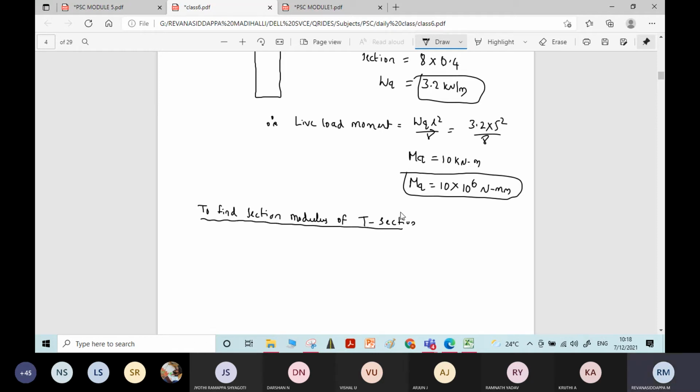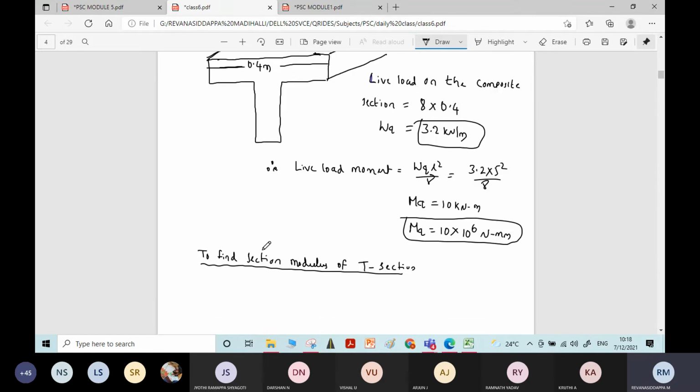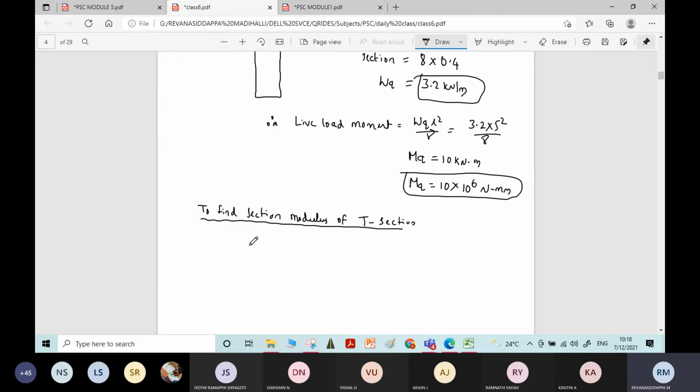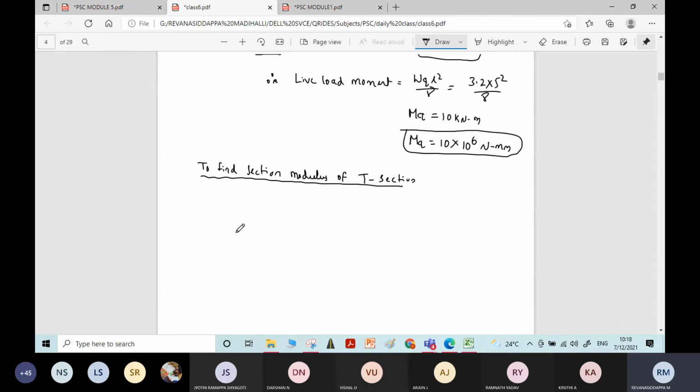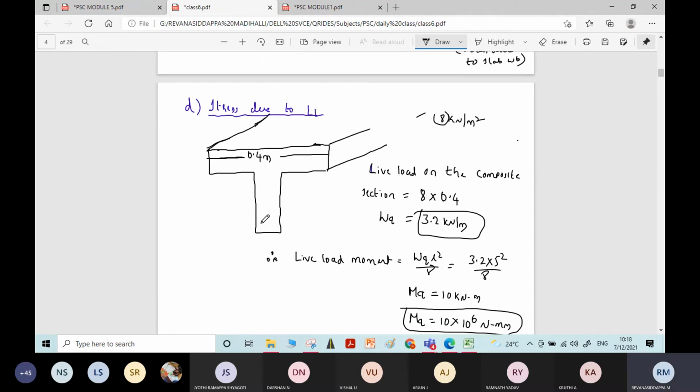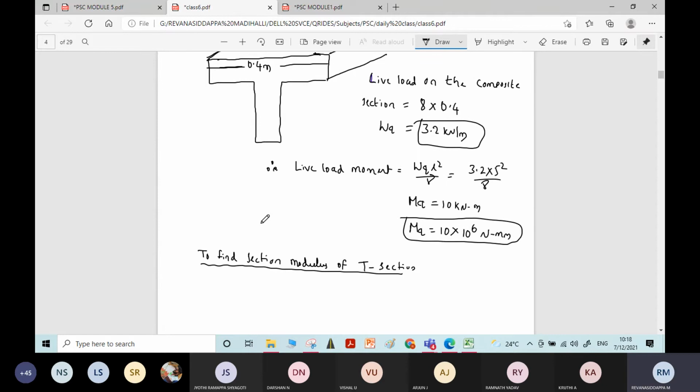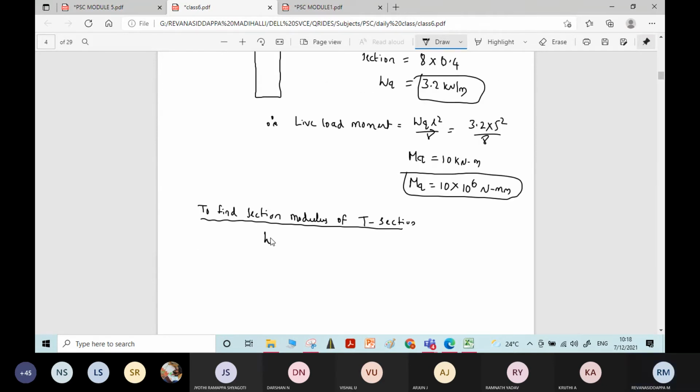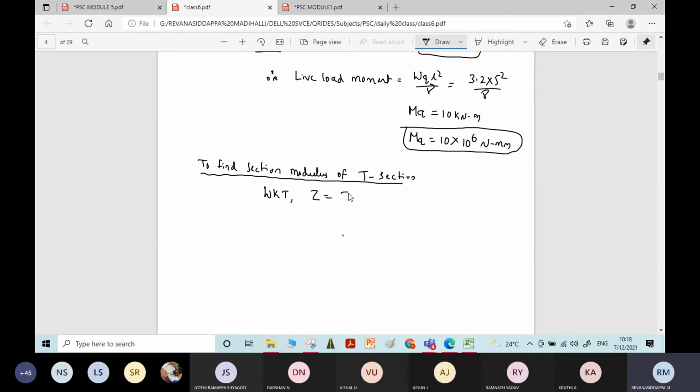If it is a rectangle, you would directly apply the BD square by 6 formula and calculate. It is a T section. You need to follow the basic principle to calculate the section modulus. We know that Z is equal to I by Y, moment of inertia divided by distance of centroidal axis.